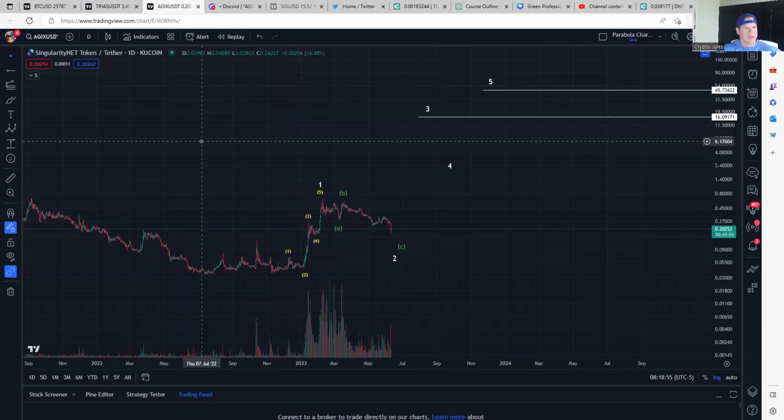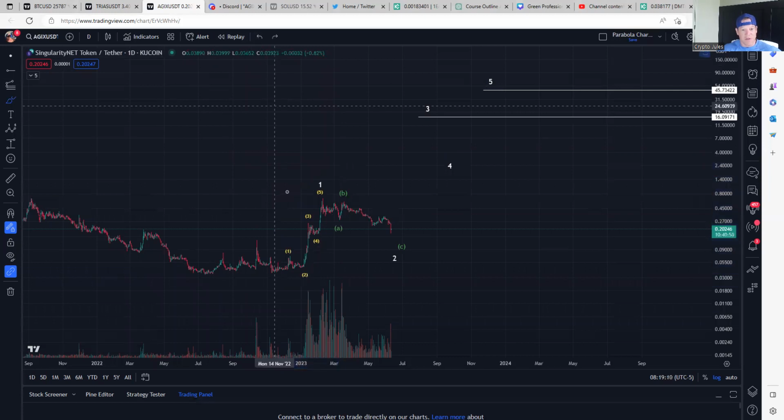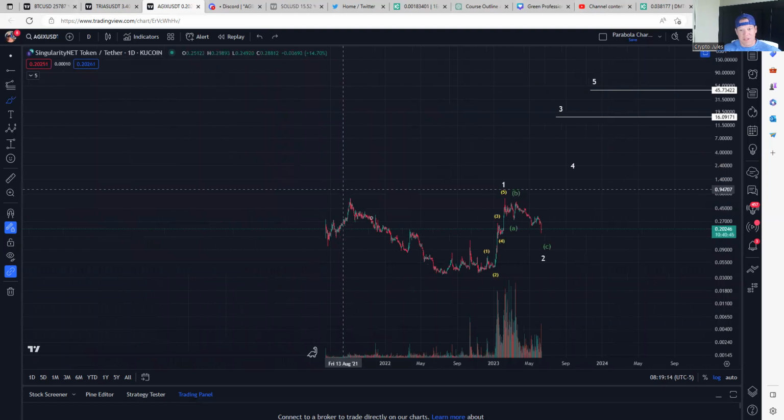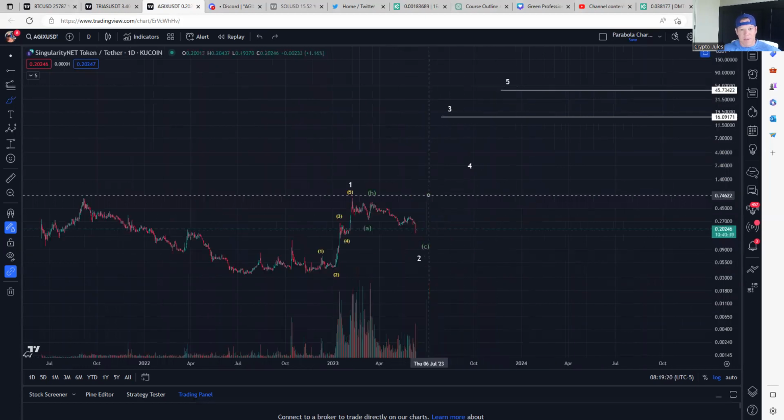All right, so looking at the macro first on AGIX, which is SingularityNET token. I believe we have an impulsive structure off of the low here, which is putting in a potential one wave structure, a possible trend reversing structure, reversing this downwards trend and indicating that we will start a new trend up.